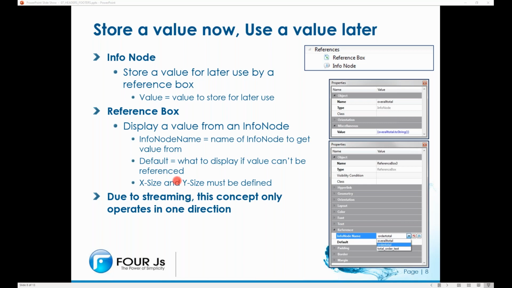So if I've read in the row that has my order total, I then save that into my info node. I read in the next order total, I'm allowed to use that info node, but as soon as I move to the next row, that info node has been replaced with the order total from the immediate previous row.